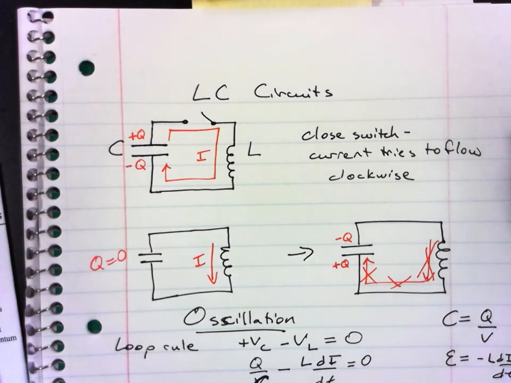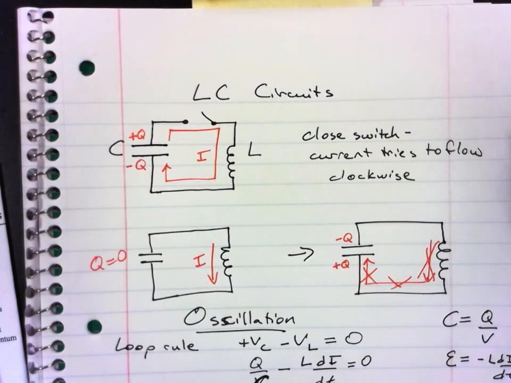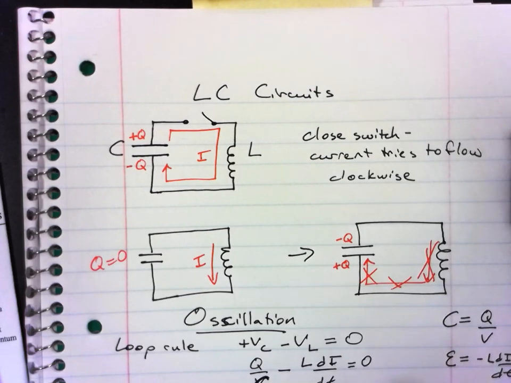So now we can rearrange this, and we have Q over C equals L di/dt. Now I want you to remember that current is the derivative of charge, which means that di/dt is the second derivative of charge.